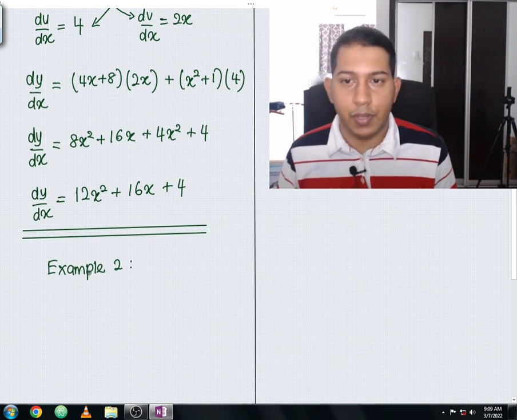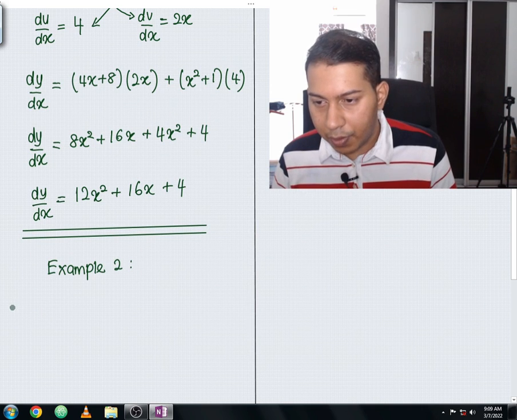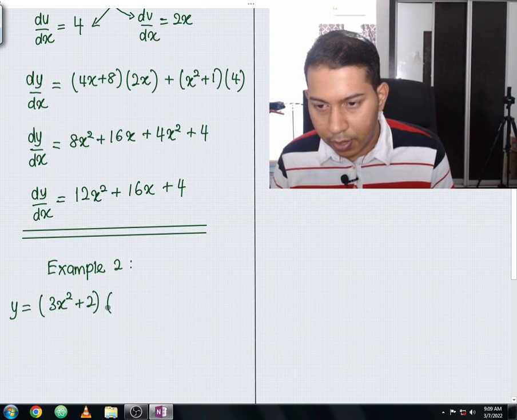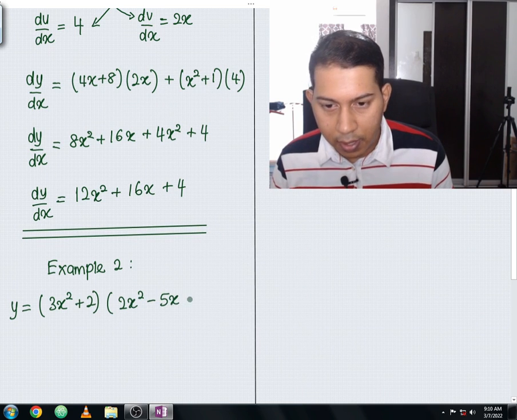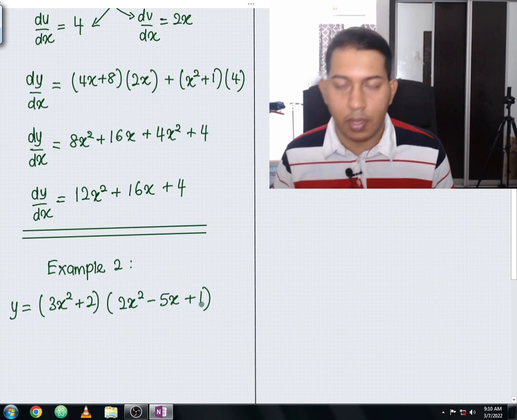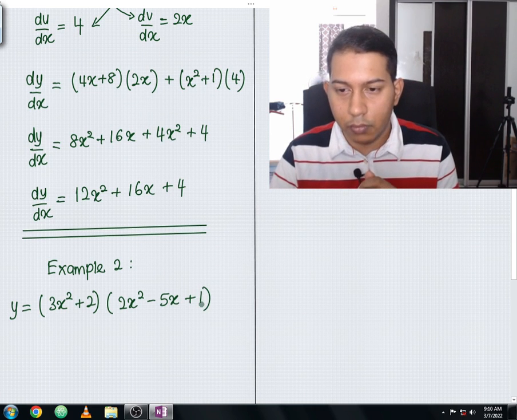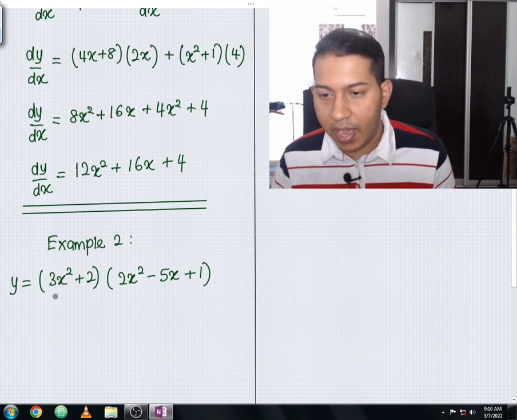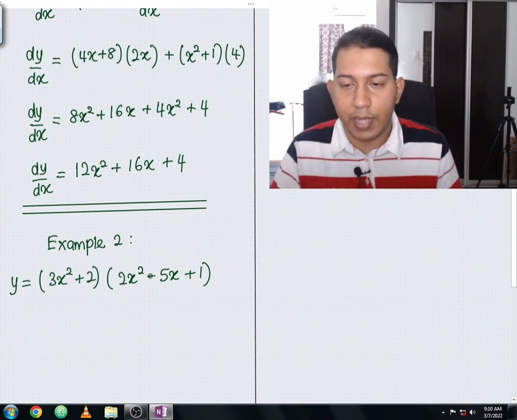In example 2, given that y is equals to 3x squared plus 2, and then times with 2x squared minus 5x plus 1, close bracket. From here you have two terms which are multiplying together.